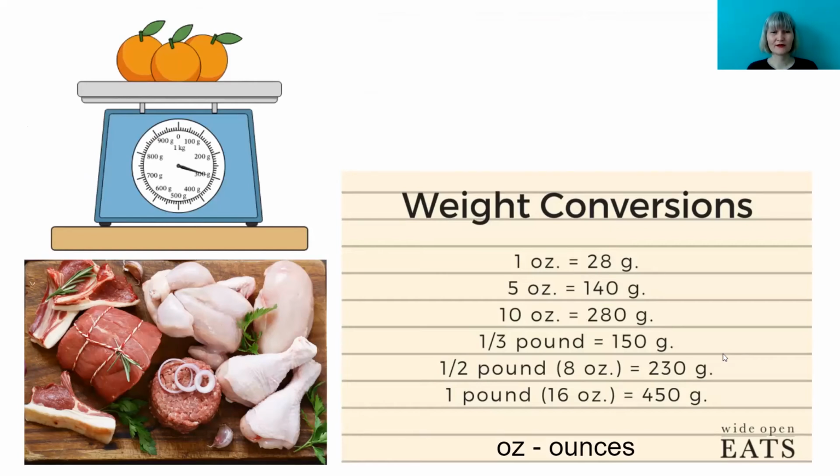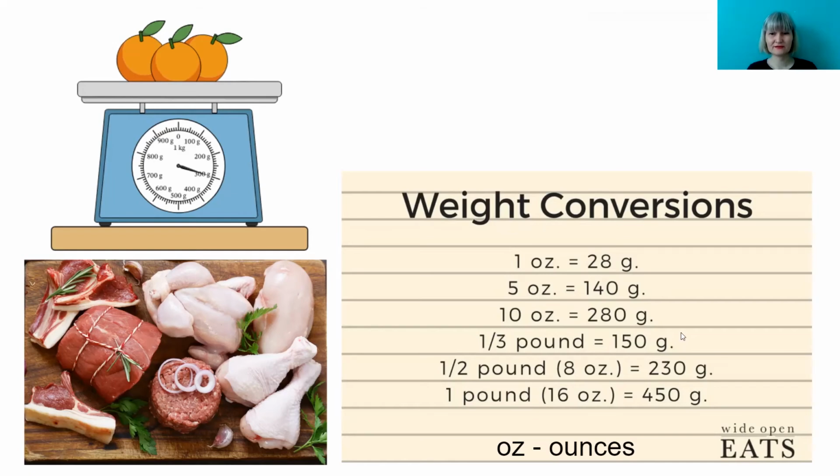All right. Let's have a look at some also weight conversions. So when we need the exact amount of meat, когда нам нужно четко знать, сколько там мяса, we can measure it. And so we use pounds. Мы используем фунты, pounds. So 1 pound is 450 grams.